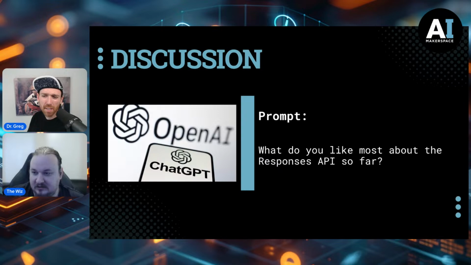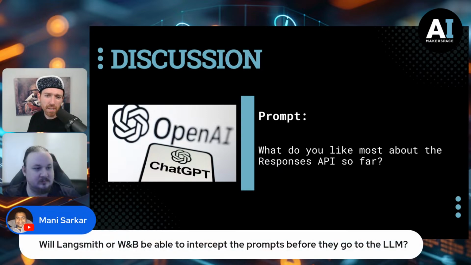Manny asks, if we are using this Responses API, can we easily plug in something like LangSmith or W&B to get the information we want about what's actually going on as we're operating? If we build it ourselves on our end, of course we can do that.